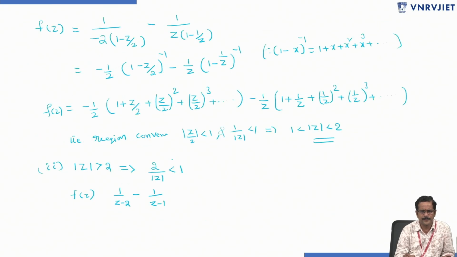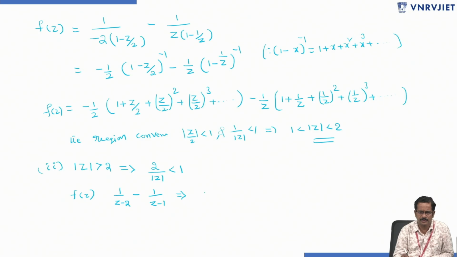Now here, 1 by z minus 2 minus 1 by z minus 1. I need to take this in terms of 2 by z.